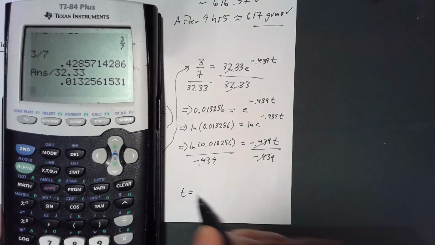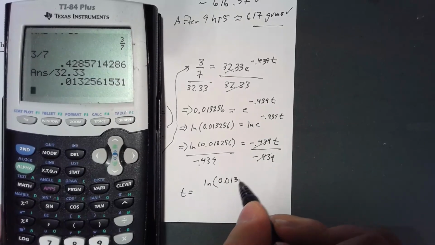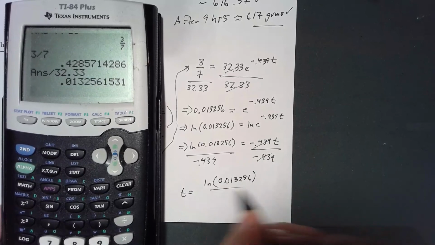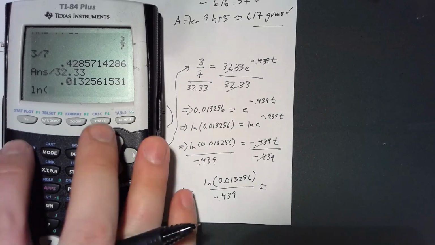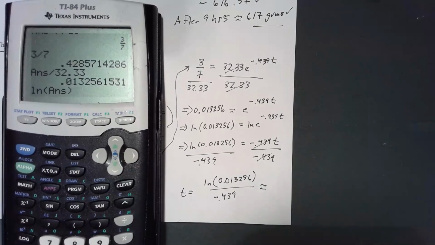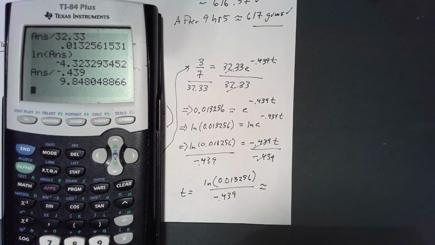So you're left with t equals the natural log of 0.013256 over negative 0.439. And that'll give us a grand total of what? Natural log of this answer, second answer gives us that, divided by negative 0.439, 9.85.